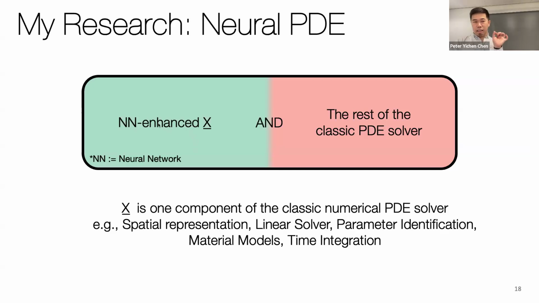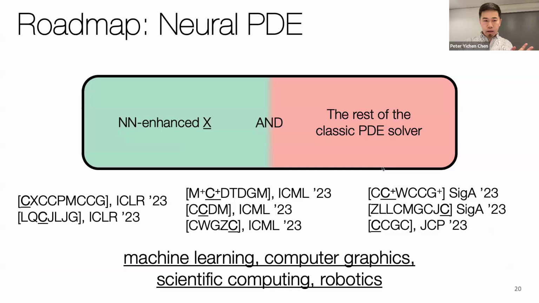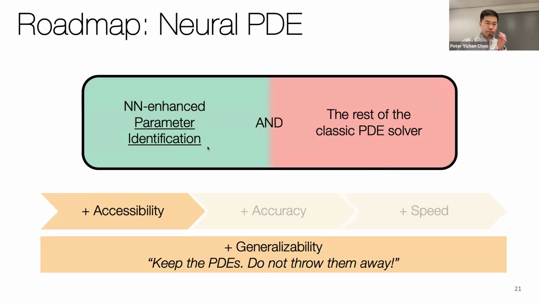But we only insert these neural networks, or these data-driven parts, very carefully and replace some parts while keeping the rest of the classical PDE solver, so that we can have things that satisfy accessibility, accuracy, and speed improvement, but still keep the generalizability part. So today I'll go through a couple of different papers, with application to machine learning, computer graphics, scientific computing, and robotics. And each of them is essentially replacing this X with a particular part of the classical numerical solvers.